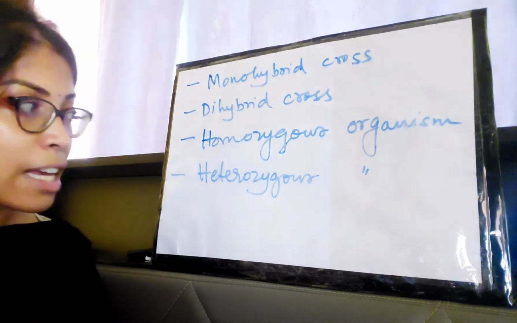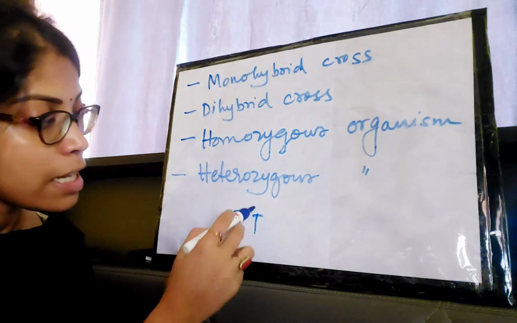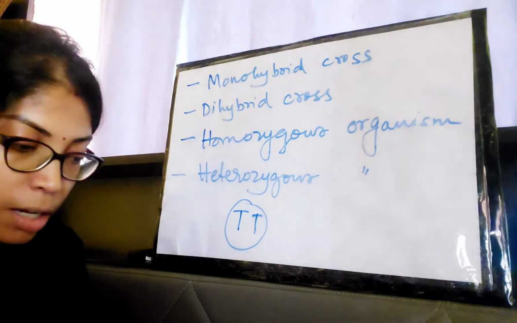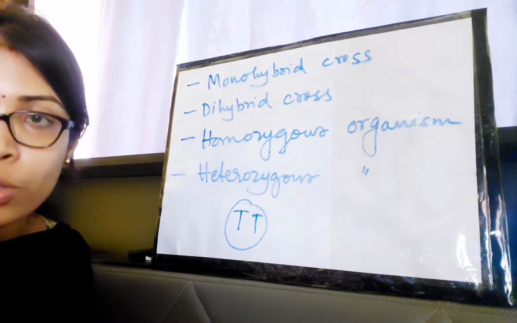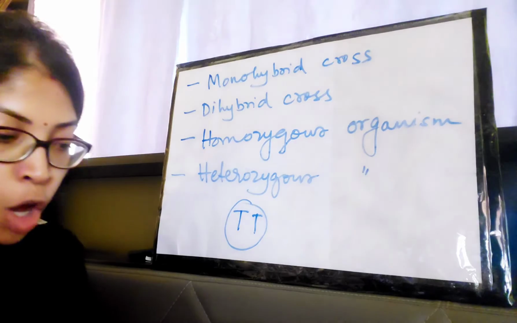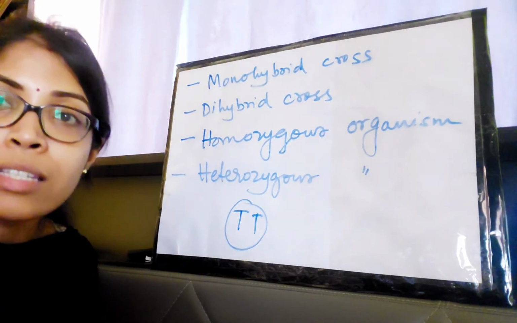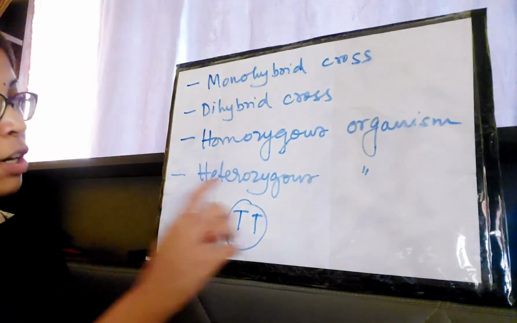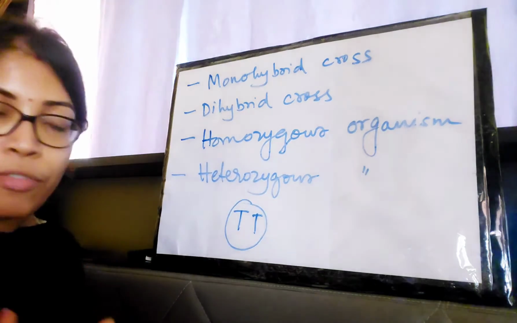Means previously I gave the example of pure tall, right? Capital T, capital T. So here same type of genes are present in the corresponding locus of a homologous chromosome, right? So that is why this is known as homozygous organism. This pea plant will be considered as a homozygous pea plant or a pure tall pea plant, while for heterozygous, this hetero means different.